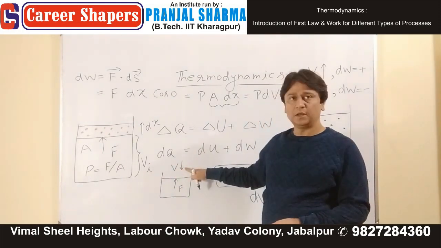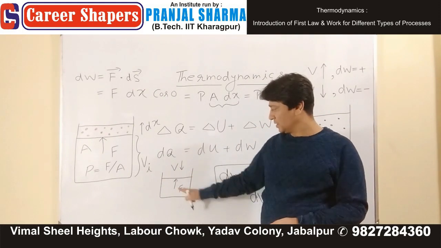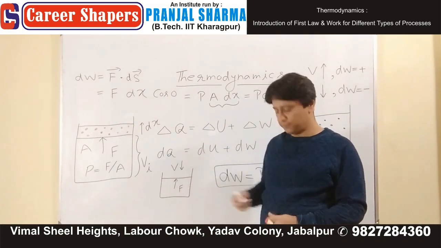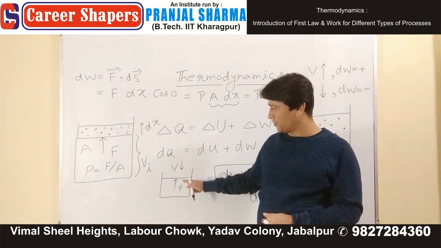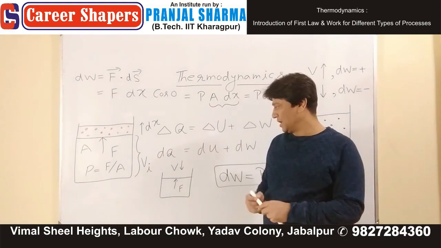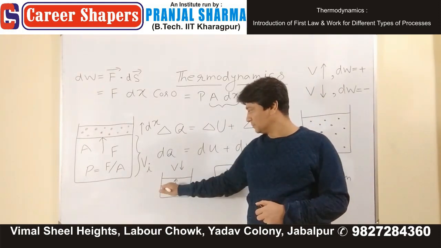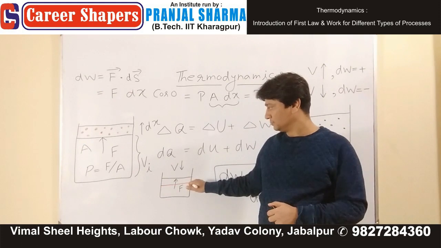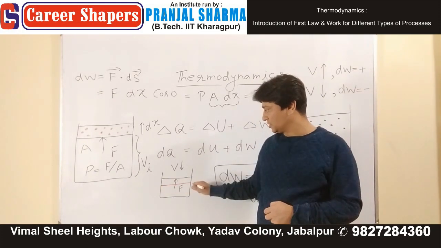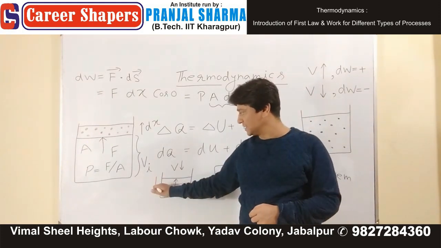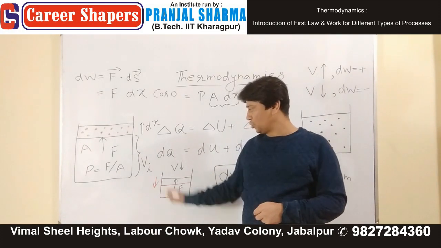This arrow means volume is decreasing. This arrow shows the direction of force. Then the piston from this position will now occupy this position. That means the piston is coming down, shown with this arrow.